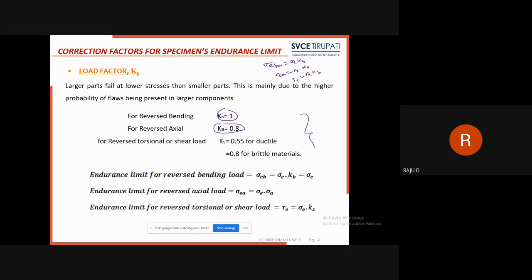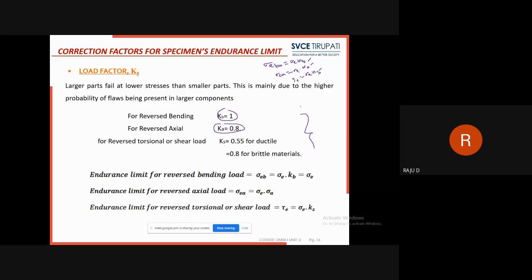Just expand the given equation. Sigma EB means sigma E into Kb. Sigma EA means sigma E into Ka. Tau E is equal to sigma E into Ks. You have to remember this Kb value, Ka value and Ks value in your mind, then take the values from the standard values.